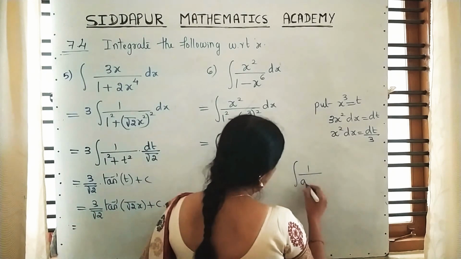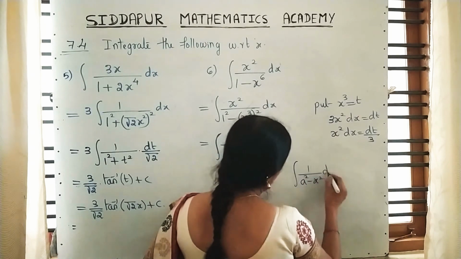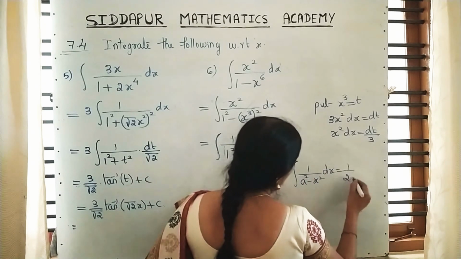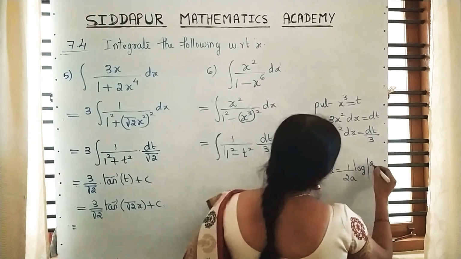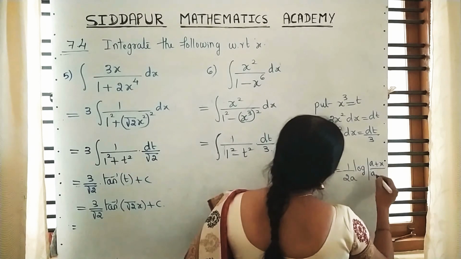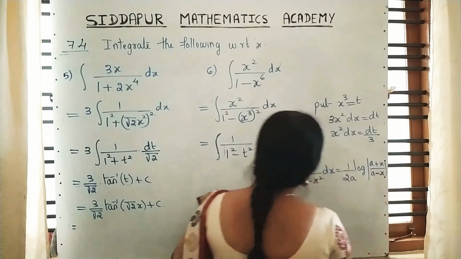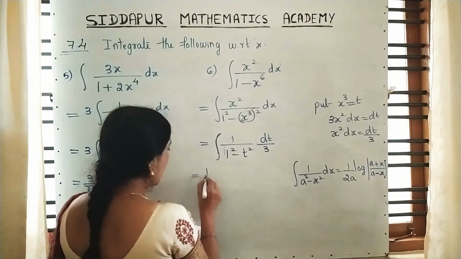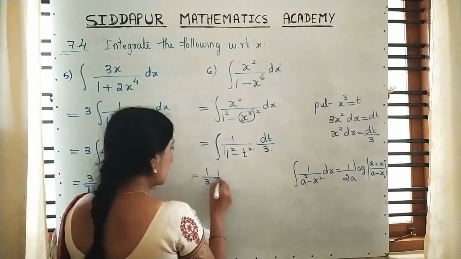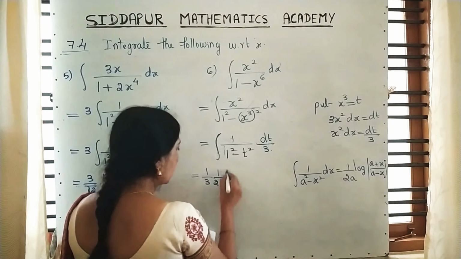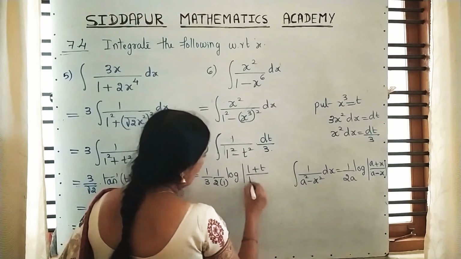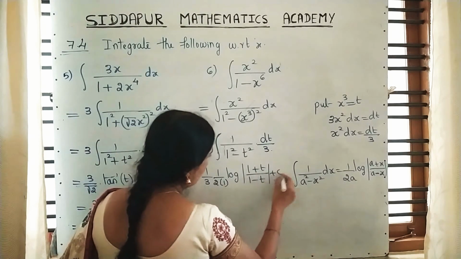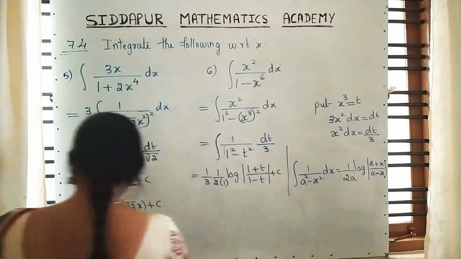1 upon a square minus x square into dx is 1 by 2a log of (a plus x) upon (a minus x) plus c. This is 1 by 3 already there. 1 by 2a, a is 1, log of (1 plus t) upon (1 minus t) plus c.